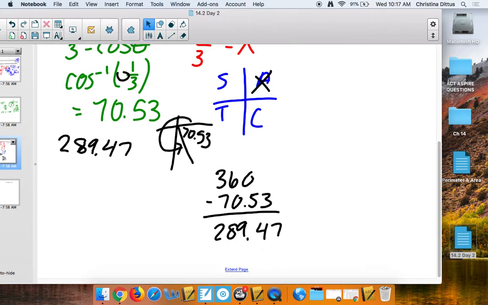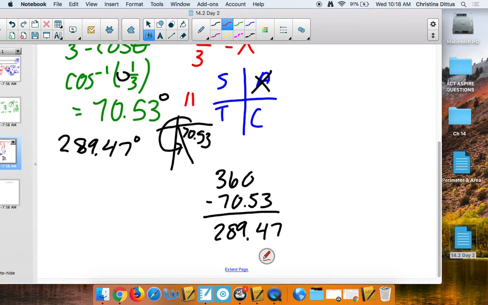So both of these angles have a positive cosine of 1/3. These are in degrees. If you look at the top, it asks for them in radians. How do I convert degrees to radians? Pi over 180.